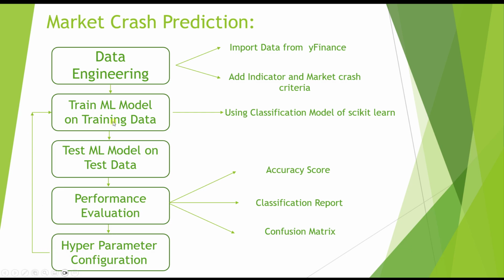We repeat this loop until the model has a good performance on the test data. So it would be train, test, evaluate, tune hyperparameters, and repeat by giving it new hyperparameters, changing them, configuring them, then testing again.